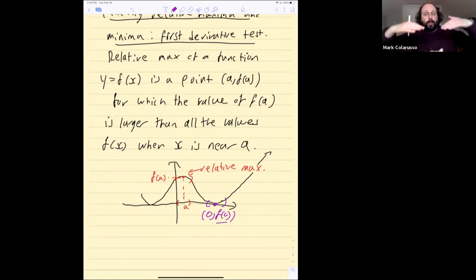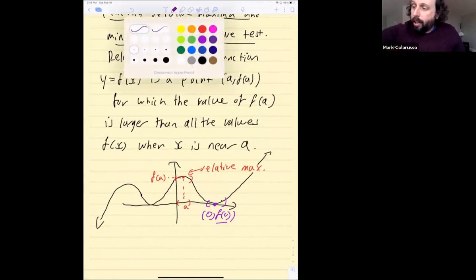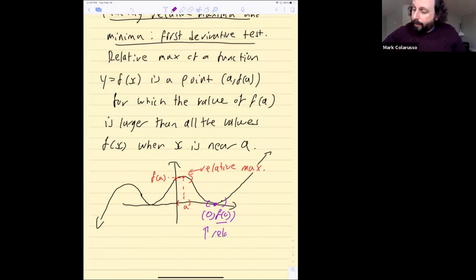The function comes to a little bit of a valley there, and then moves on. But it need not be the smallest value the function ever reaches. Later on, at some other point, the function could be much lower. But we don't care. Relatively speaking, around this point 0 here in purple, this is the smallest value the function attains. So this would be a relative min.